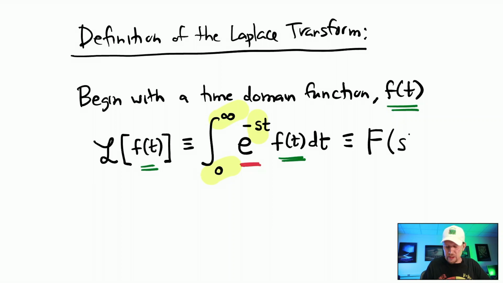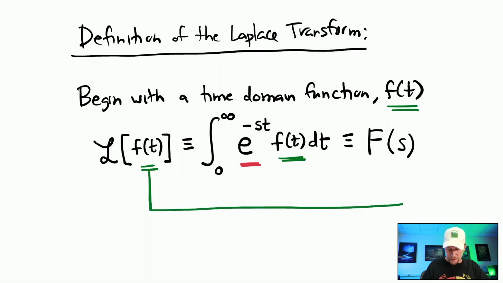And this new function is a function of s, the new variable that we had in that exponential. Now, the reason we call it capital F is to remind us that this f, which was our original one, and this new F, they are inextricably linked together.